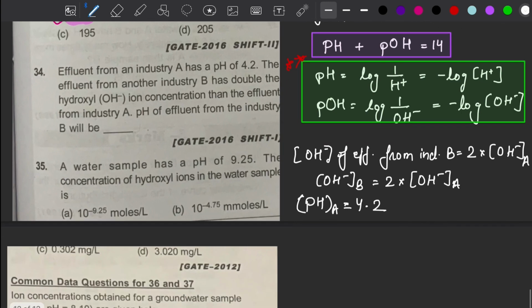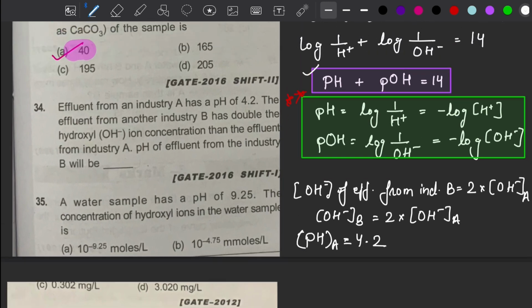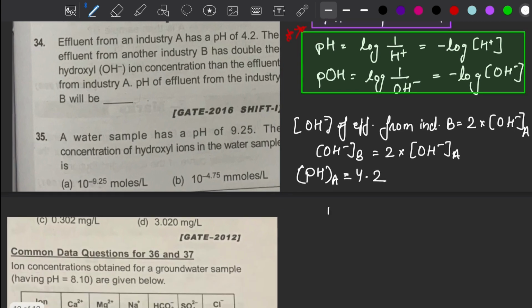Now that we know the formula, pH plus pOH is equal to 14, pH of A plus pOH of A will be equal to 14, right?